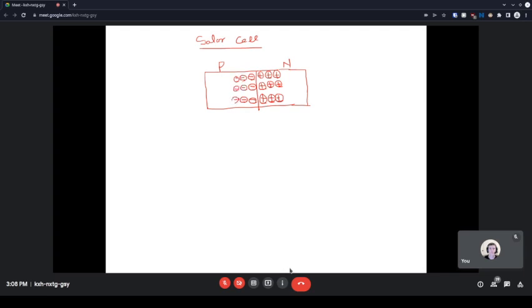So what's actually happening? Outside this, here the excess electrons are there, and this is the holes region. So you will get majority carriers here as holes, and majority carriers here as electrons.